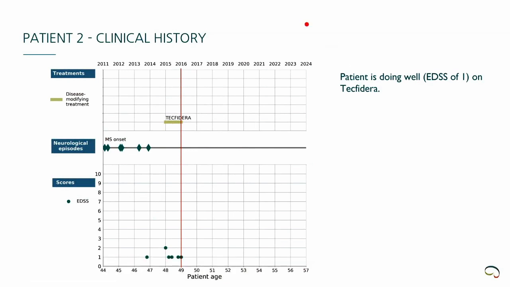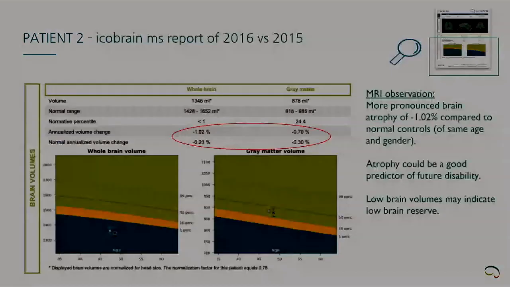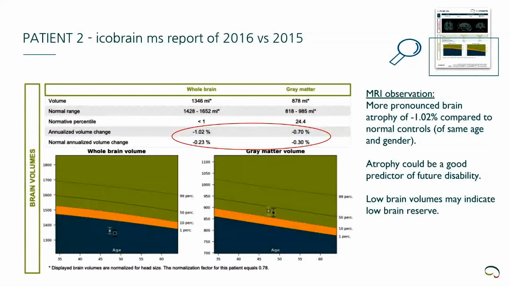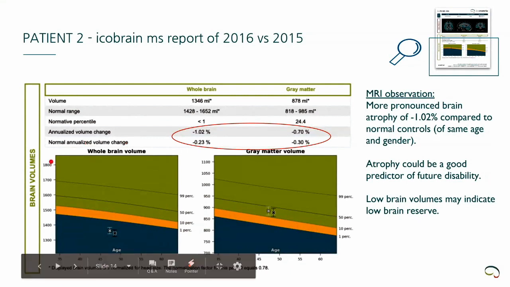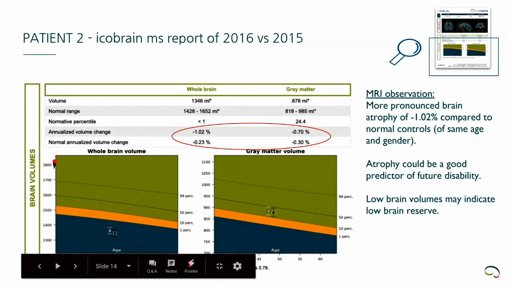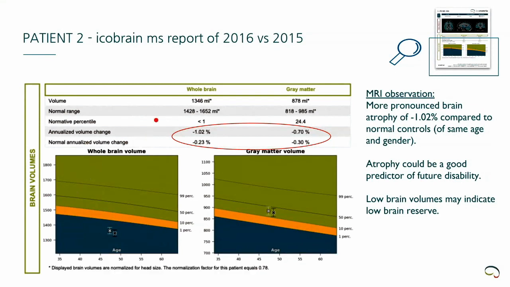And when we look at the quantification of the MRI results, we can see that there is a relatively pronounced brain atrophy. If we look at the left figure, then you see a volume measurement on the y-axis, and on the x-axis you see time, and the time is the age of the patient in years.